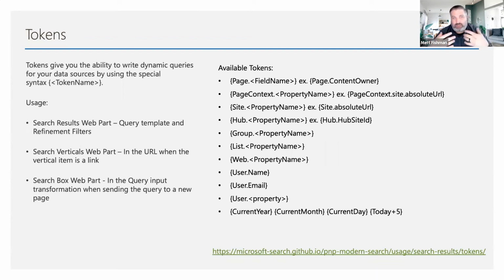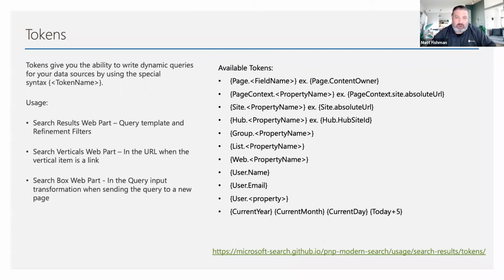So tokens. What tokens do is they help you build more dynamic queries. I can make a query just like the ones I mentioned, show me all the documents in the site with the path this. But I can also use these token formats to customize that and make it dynamic.